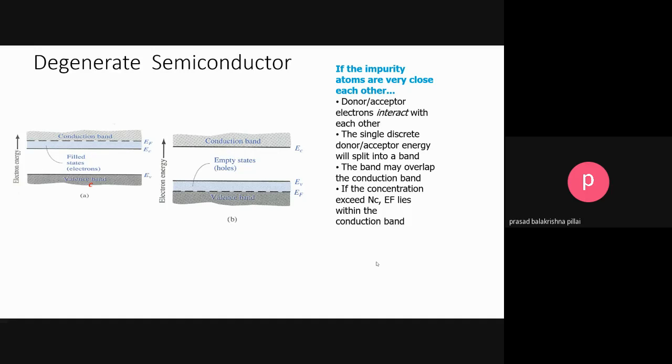When we discuss the BJT, we will be discussing some consequences of this. Right now, I just want to tell you that the semiconductor can degenerate into metallic behavior, or the behavior changes when we have heavy doping. Such semiconductors are known as degenerately doped semiconductors or degenerate semiconductors.